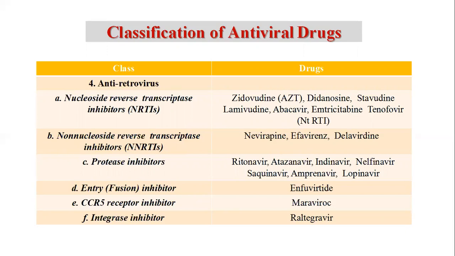The first one is nucleoside reverse transcriptase inhibitors, and the drugs are zidovudine, lamivudine, abacavir, tenofovir, etc. The second one is non-nucleoside reverse transcriptase inhibitors, the opposite one, and the drugs are delavirdine, nevirapine, etc. The third subclass is protease inhibitors.